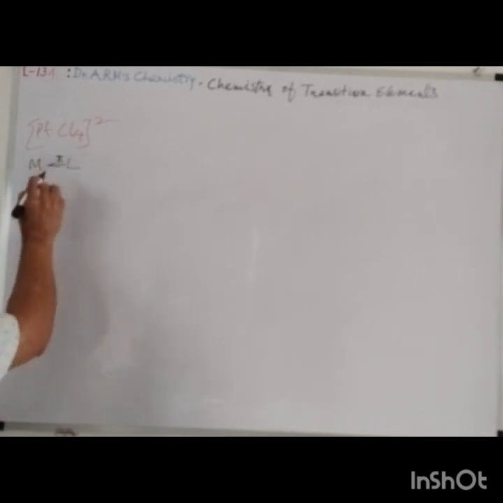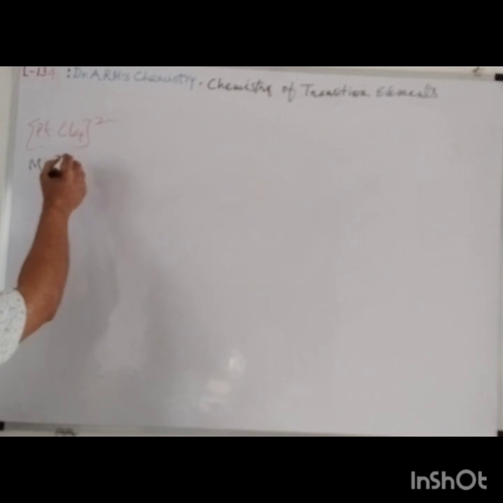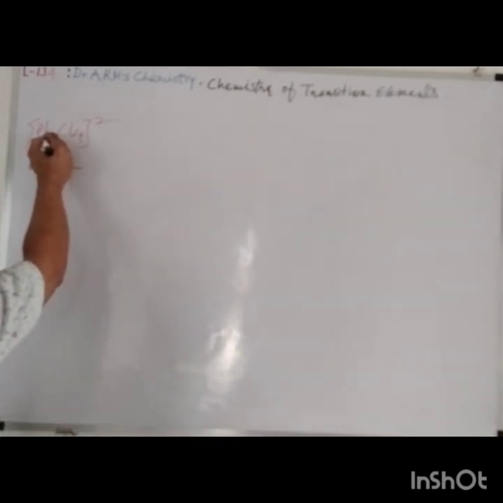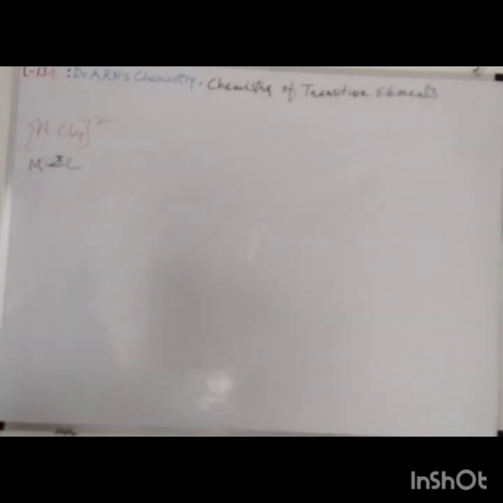So this is pi bonding. Cl first gives electrons to Pt, so they give sigma bonding, and the excessive accumulation of charge on platinum is given back to Cl minus. So that is charge transfer bands.